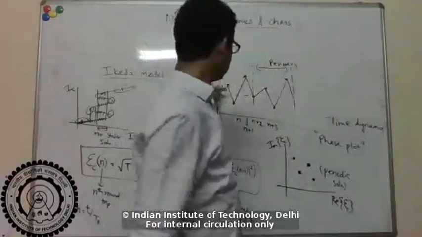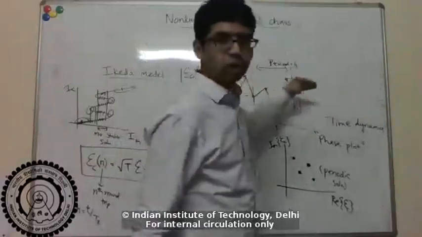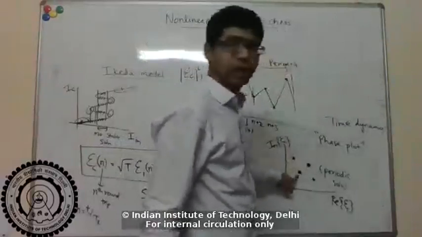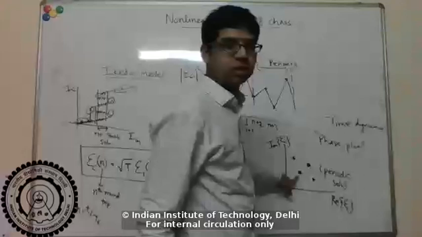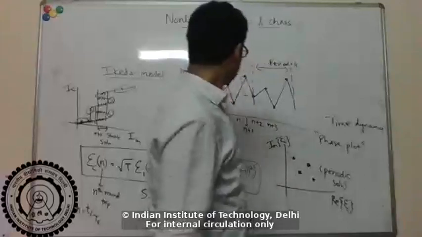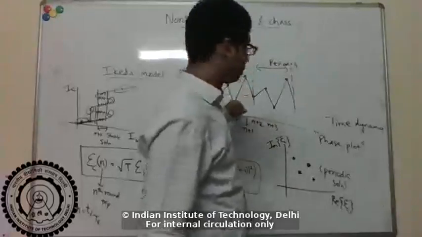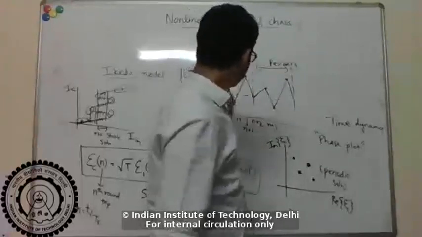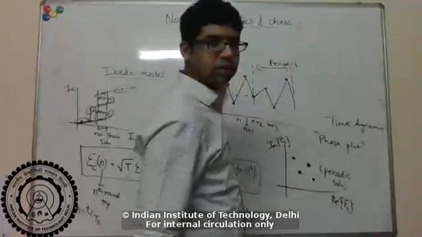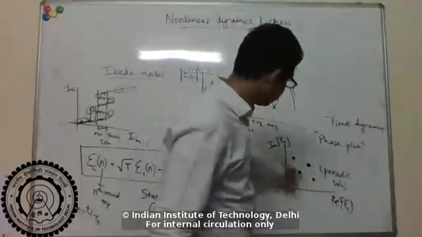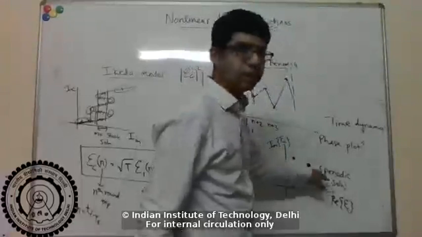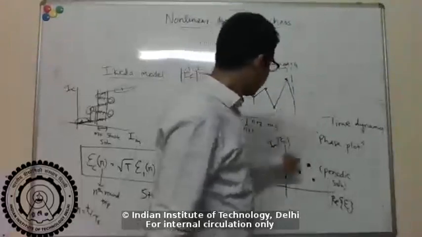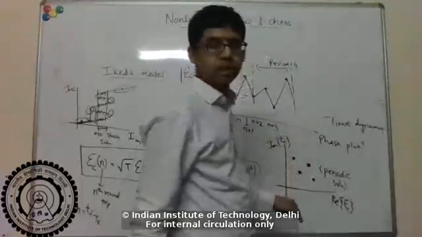If I have a stationary solution, which means a constant solution, then all of them will lie on the same point, so I'll have this one point. But if I have a periodic solution, so it goes high, low, high, low, there are two distinct points which occupy two different places in this complex plane, because they have different values of the field. All the points will lie on one of these two points.